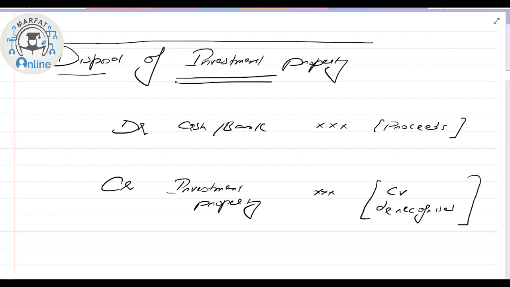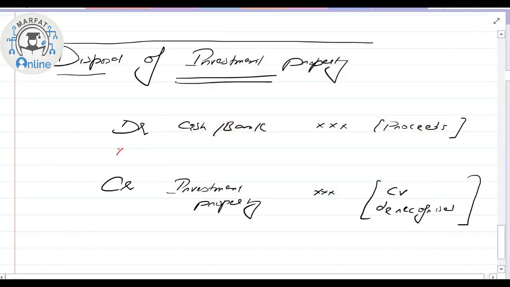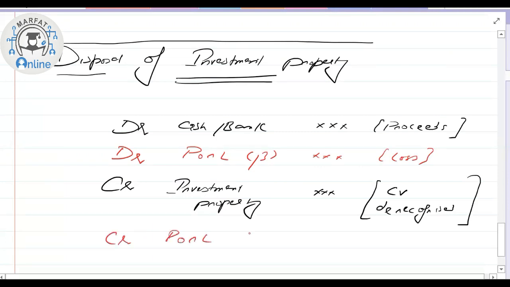Now, if the balancing figure comes on the debit side, this means the loss. If the balancing figure comes on the credit side, this means the gain.